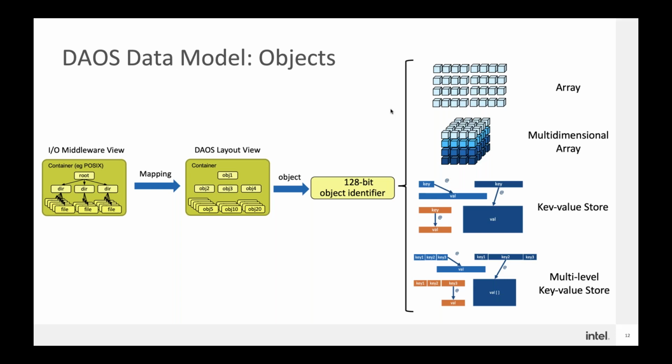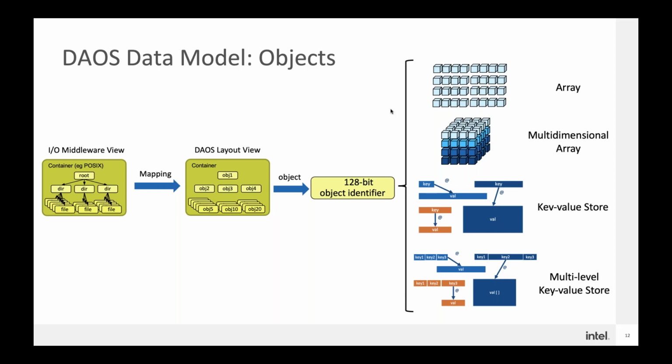Based on this model, a lot of different things can be mapped to a DAOS object. For example, a POSIX directory can be mapped to a KV. Each name entry is a key, the inode can be the value of the key, and the file can be an array object. The user can submit I/O to an arbitrary offset.